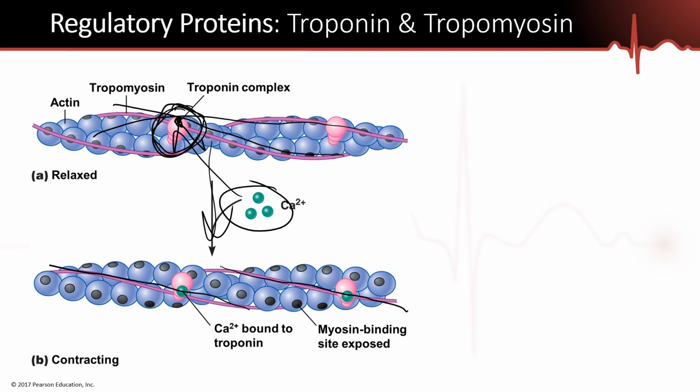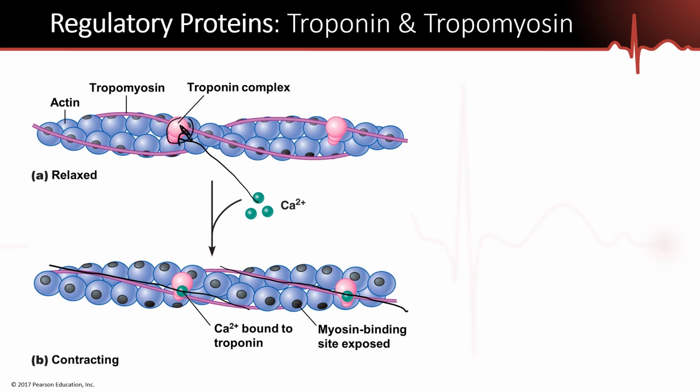This is going to become incredibly important. If you can get calcium ions to elevate inside of a muscle cell, then calcium has the ability to bind to troponin. And when calcium binds to troponin, it causes a shift in the troponin protein.